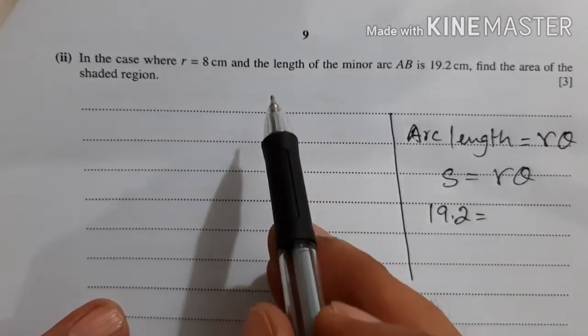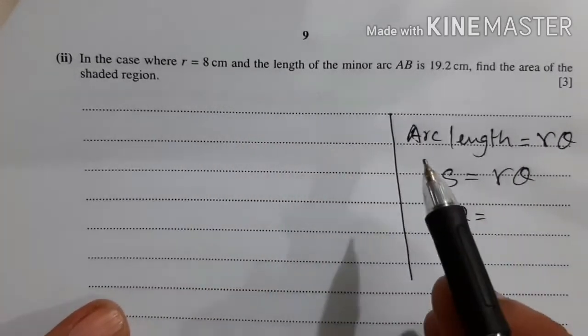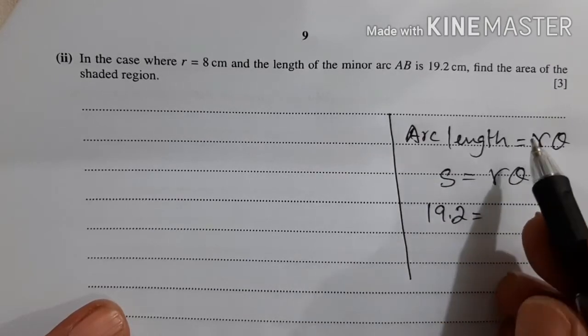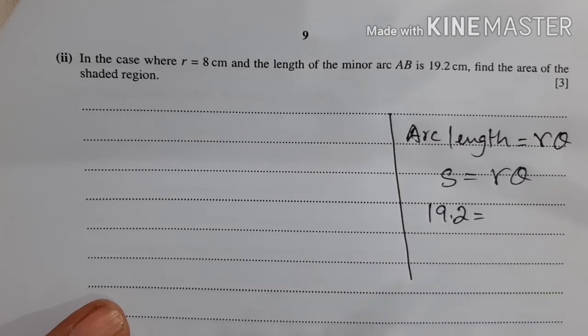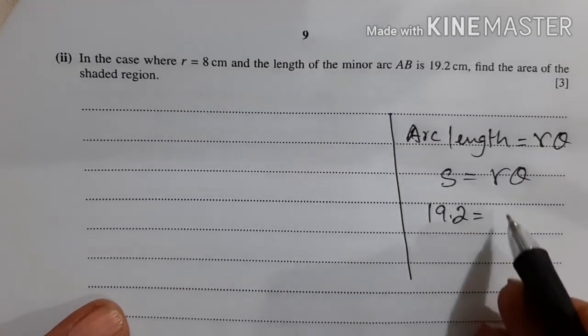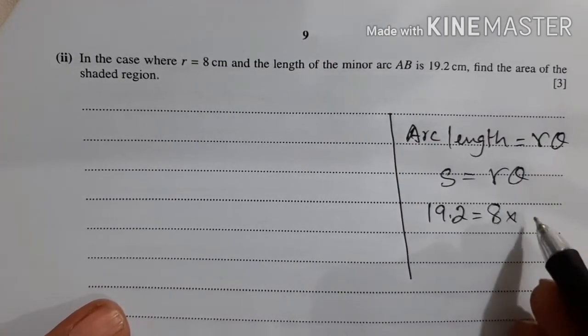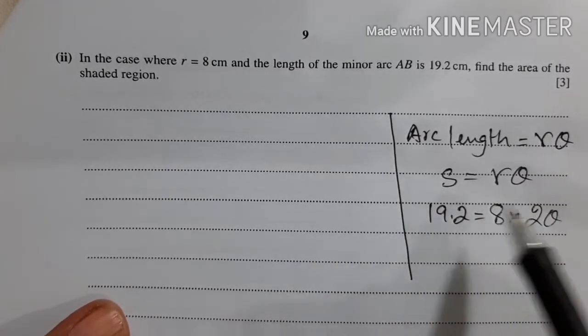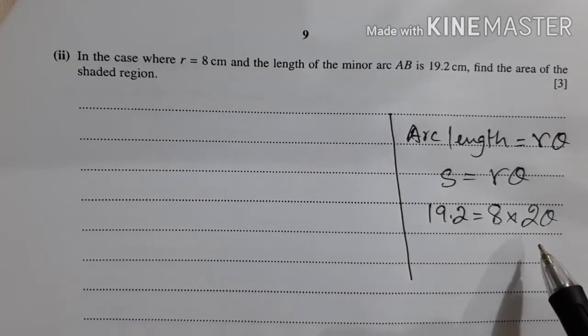R is 8, and yes, r is 8 and theta is actually 2 theta, because from the previous part you see that the minor sector got angle is 2 theta.